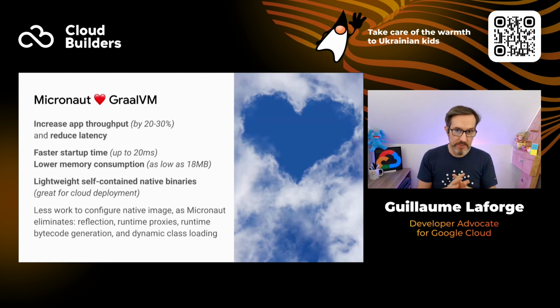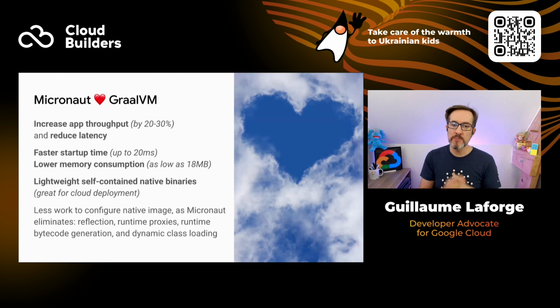And the fact that it's done at compilation time also helps with the GraalVM support, so you can build a native image out of your Micronaut applications. With that, it increases the app throughput generally by a fair percentage, reduces latency, replies more rapidly to requests. There's a faster startup time as well, potentially down to 20 milliseconds.